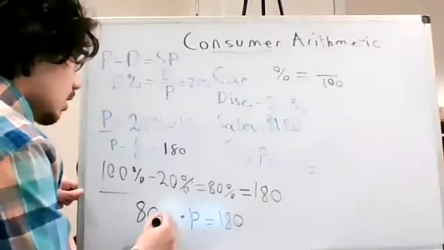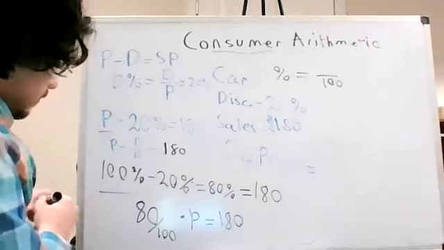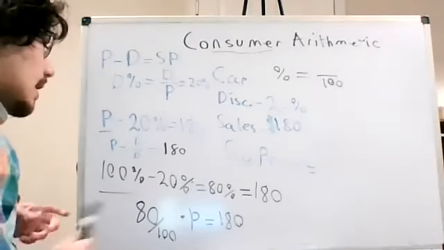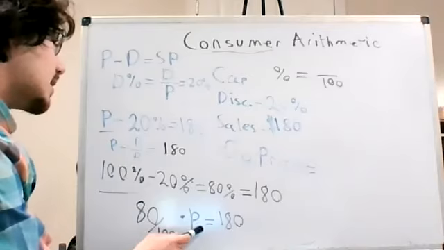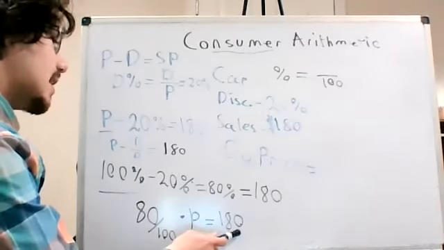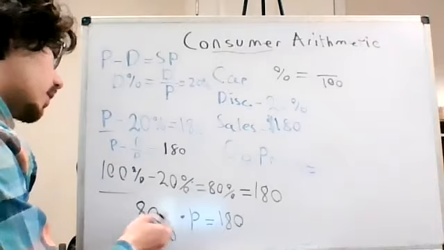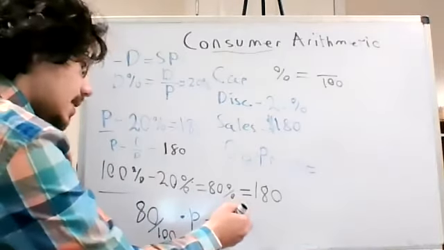Yes, so 80 over 100. So now our equation is 80 over 100 times P equals 180. So 80%, in other words 80 over 100, times the original price equals the sales price.